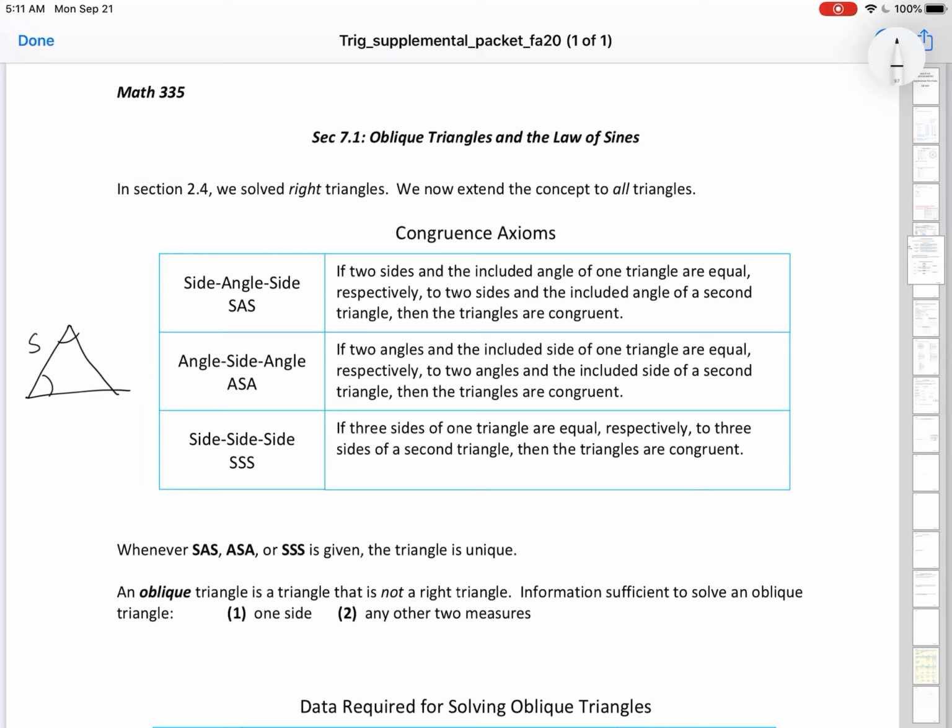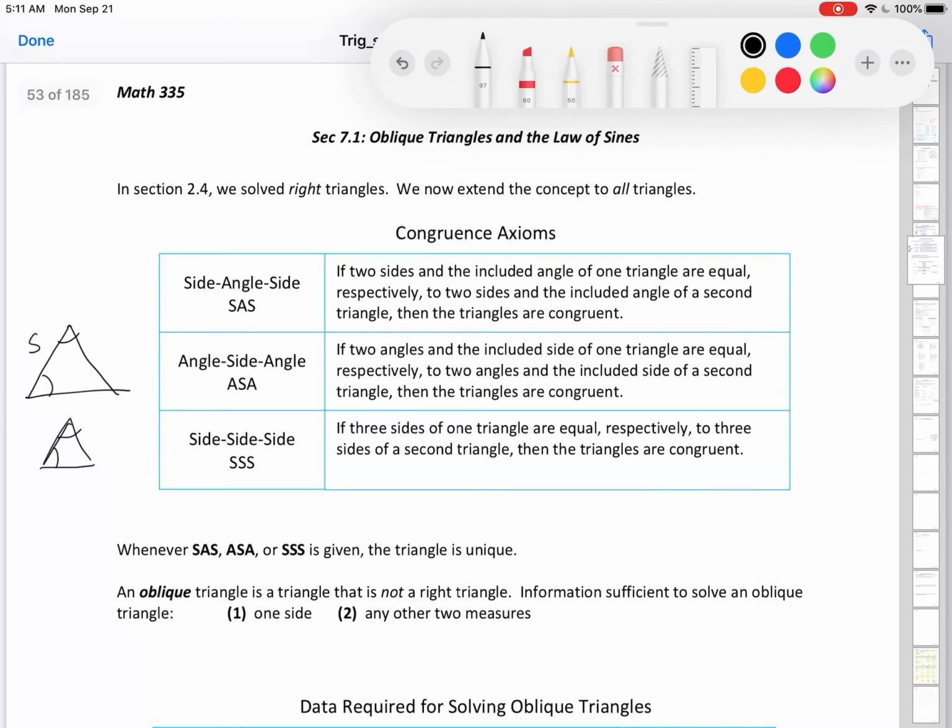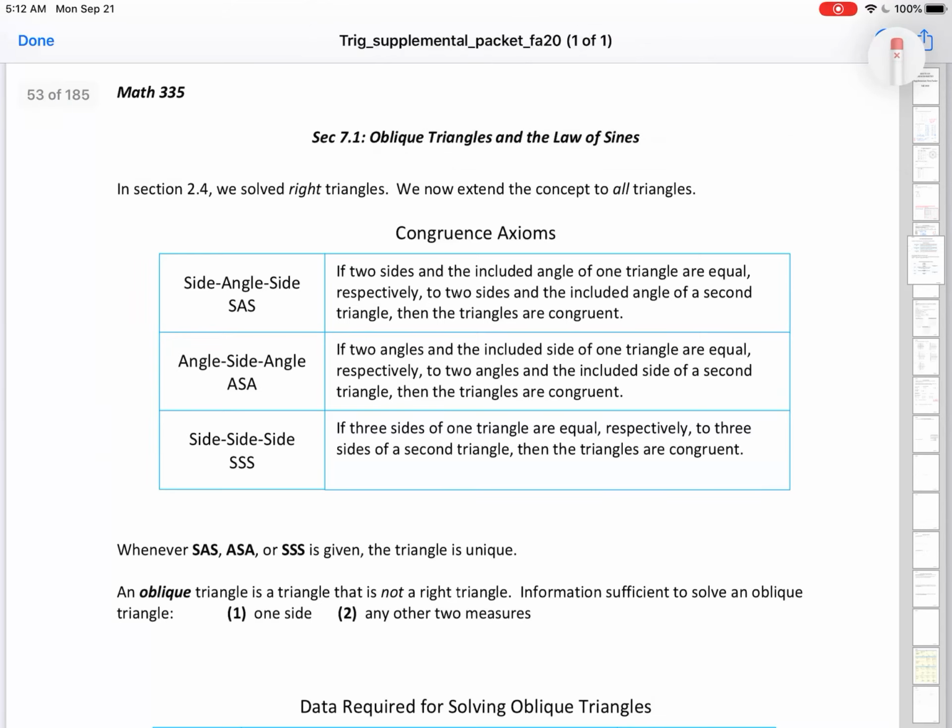And so it's not enough, though, just to know two angles of a triangle. You got to know that third piece of information, and it's going to make a difference which angles we know. So angle, side, angle would include the side that we know is included in between those two angles. And then we could know the three sides, right?